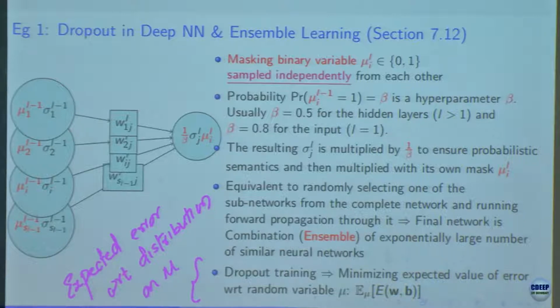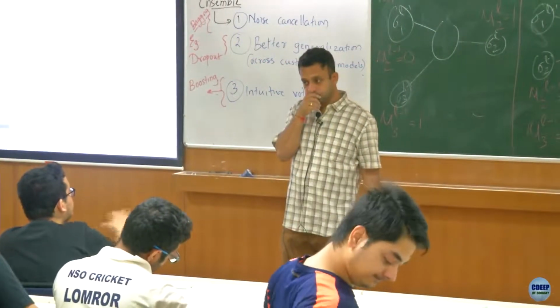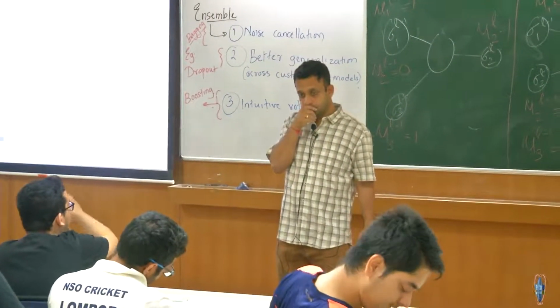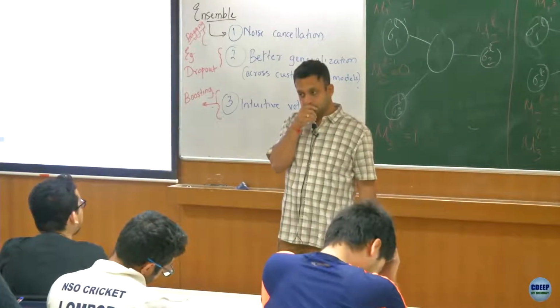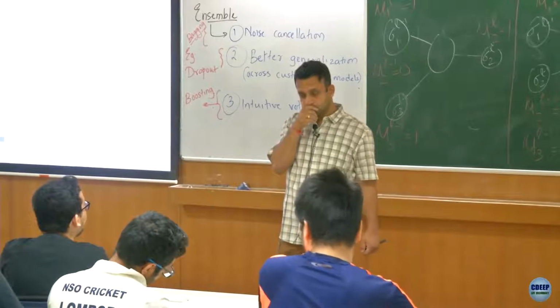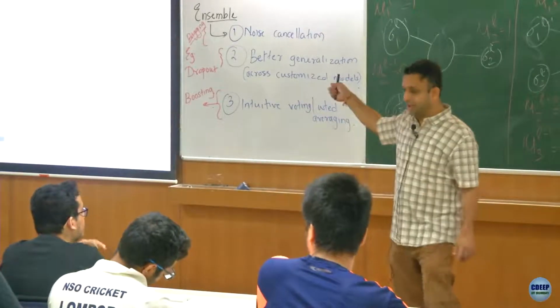All these subnetworks are different from the original idea of an ensemble in that the parameters are shared. You're not independently training the exponential number of networks, you're sharing parameters across them.